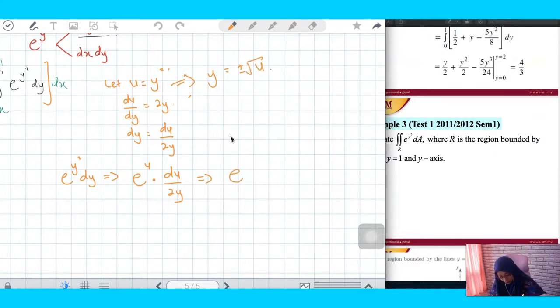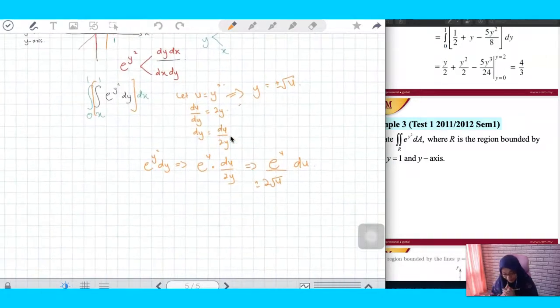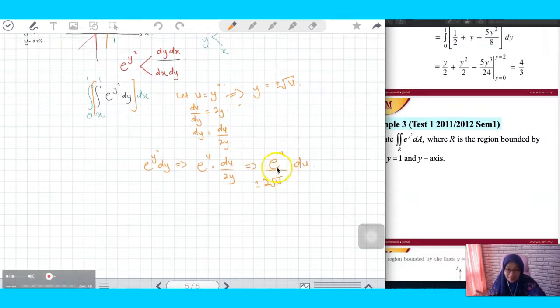So e^u over 2, and now you have to deal with the plus minus square root of u, du. Okay, let's say we ignore the plus minus sign. But now the e^(y squared) dy is transformed into something more messy, right? The expression becomes more messy because now you have e^u over square root of u.